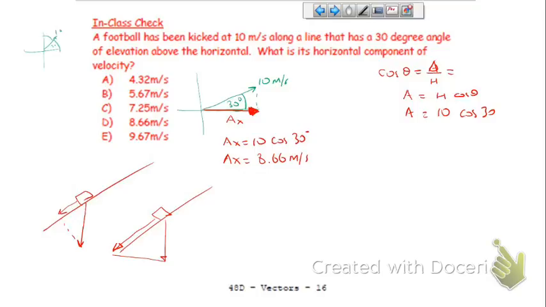Not because you don't know your trig, but because you don't know your diagram. That original vector is always the hypotenuse. Always. You always approach the component at 90 degrees.